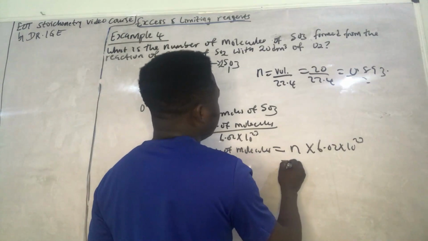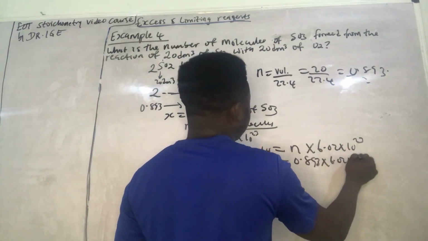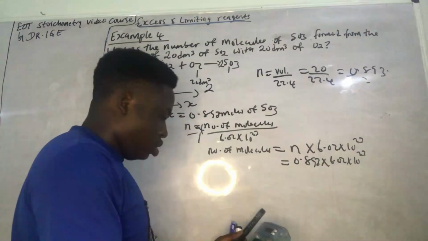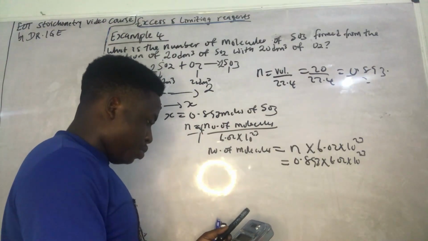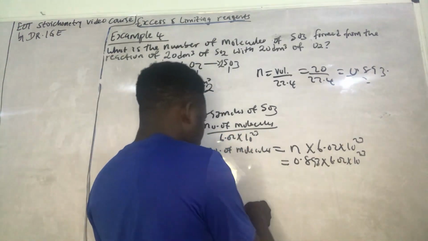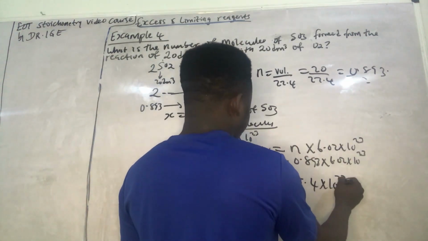What is N? 0.893 times 6.02 times 10 to the power 23. You get. So that's 0.893 times 6.02 exponential 23. So the number of molecules of this guy is what? 5.4 times 10 to the power 23 approximately.